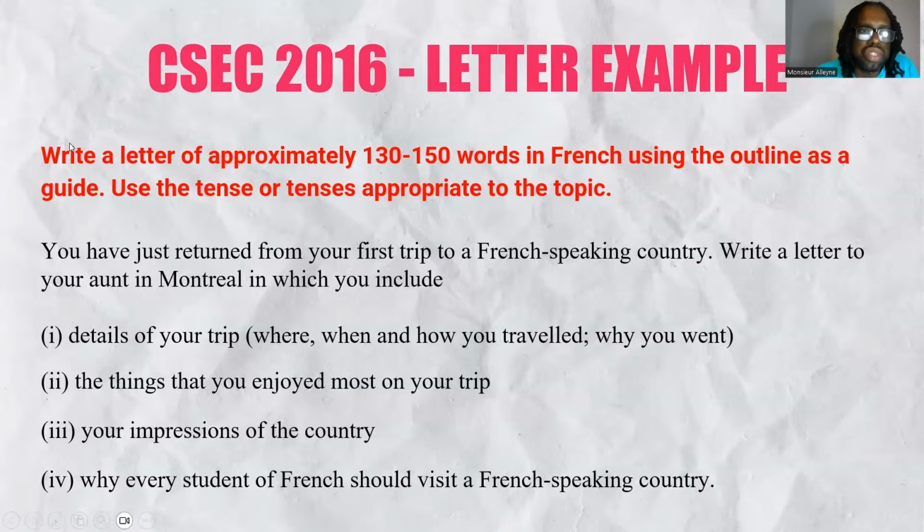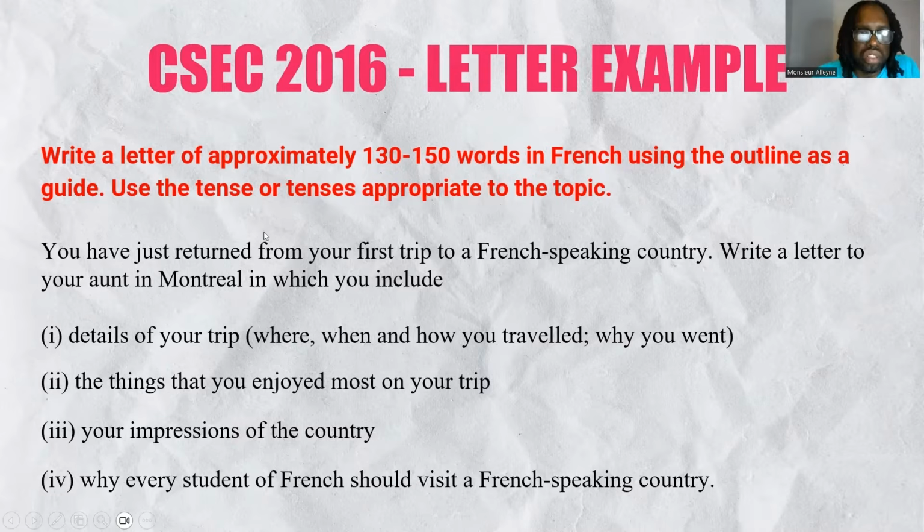So these are the instructions here. It says, write a letter of approximately 130 to 150 words in French using the outline as a guide. Use the tense or tenses appropriate to the topic.